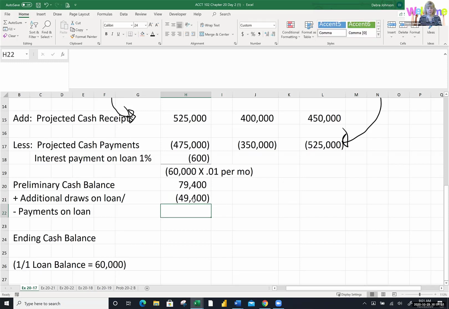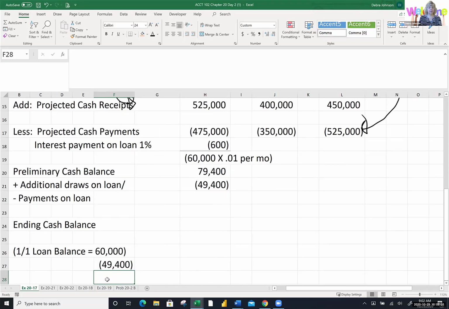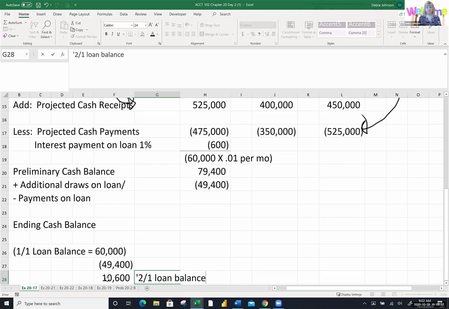Pay down my loan. And so what is my loan balance now? Well, I just paid 49,400 against that 60,000. Let me do that on my calculator. 60,000 minus 49,400. I got 10,600. And I'm going to label that as the 2-1 loan balance.